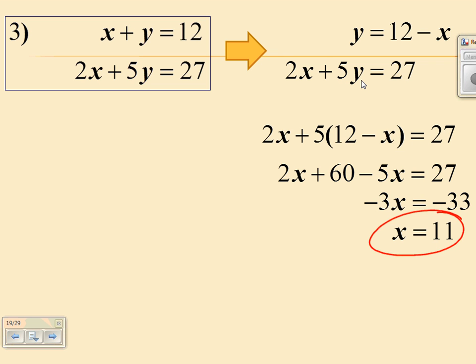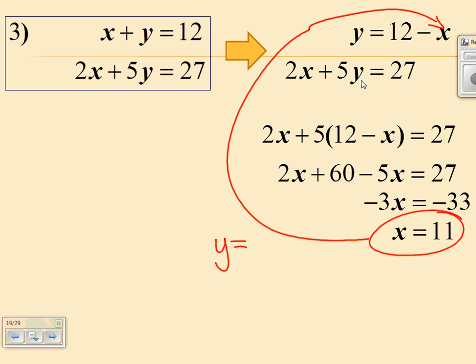So I can substitute this all the way here. So if x is equal to 11, y has to equal 1. So what's my solution? 11, 1.